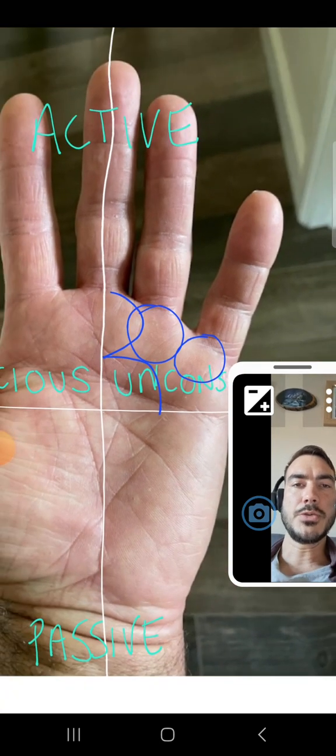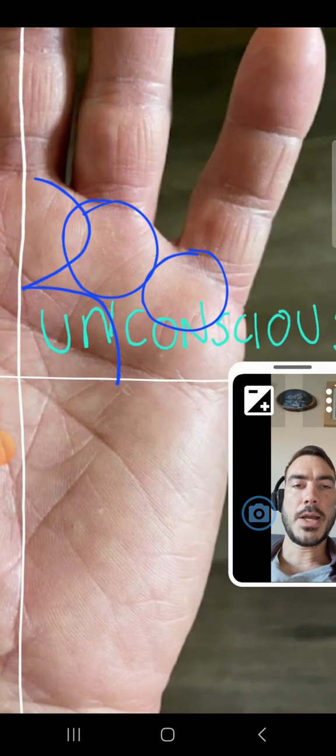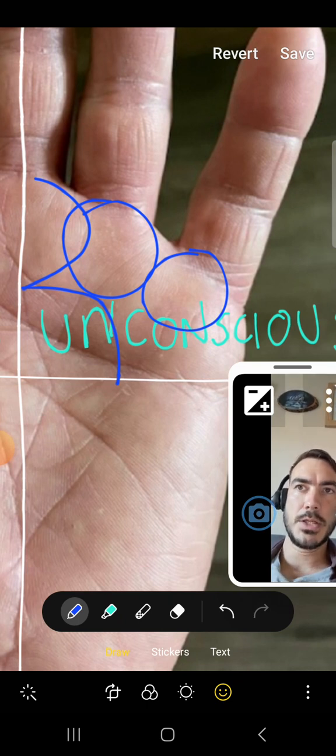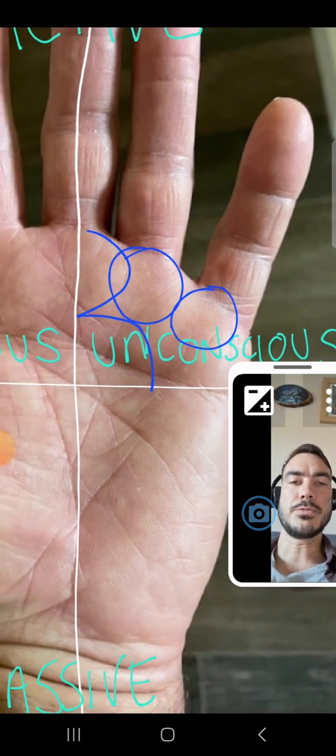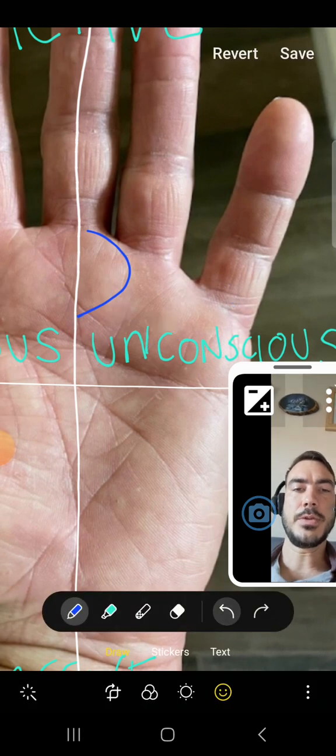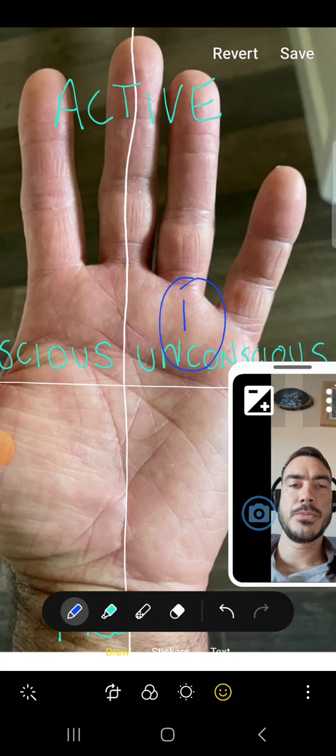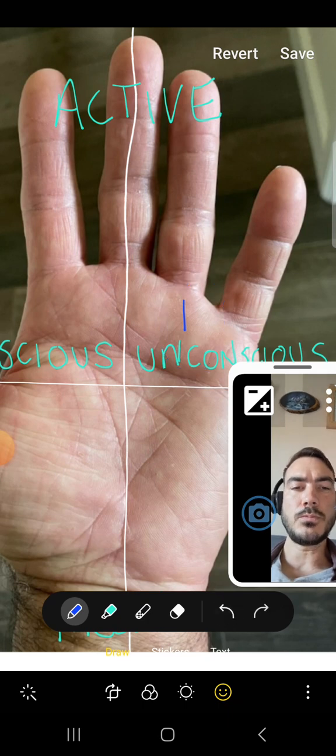So we unconsciously but actively express and communicate, show ourselves off in a social setting in these respects. So that's how the first quadrant relates, how all of these mounts relate and show what these things say about a person in the person's palm.